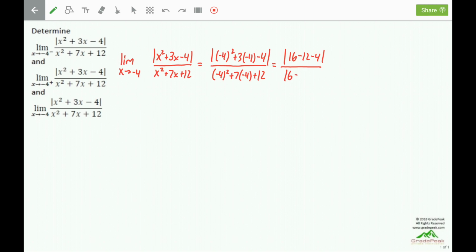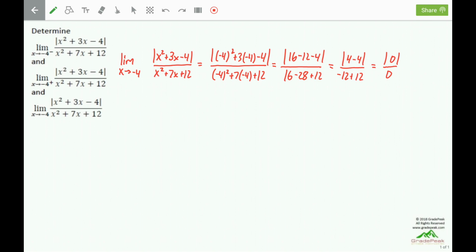A positive 7 times a -4 is a -28, and then plus 12. So the absolute value of 16 minus 12 is a 4, minus 4, over 16 minus 28 is a -12, plus 12. So we have the absolute value of 4 minus 4 is a 0, over a -12 plus 12, which is a 0.